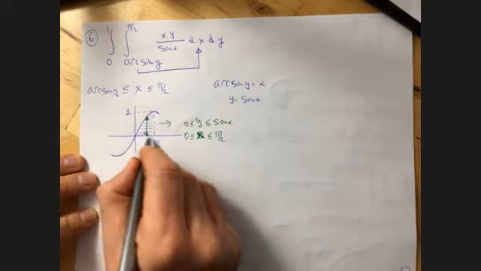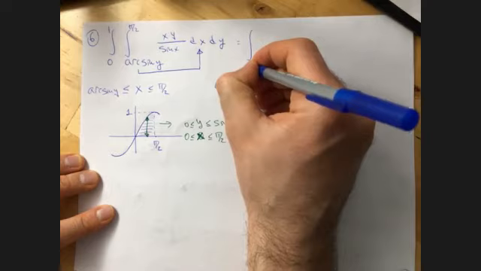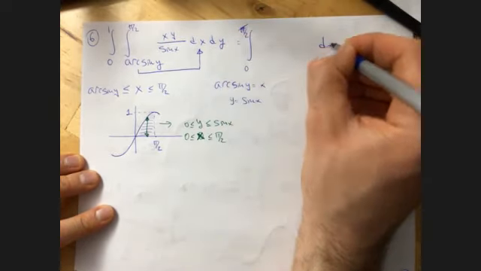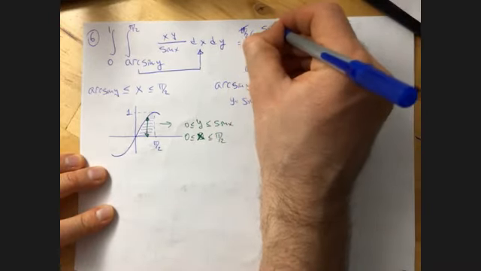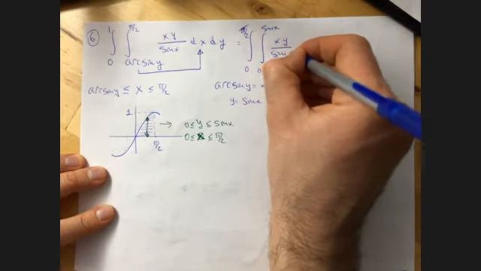Right? X goes from 0 to pi over 2. So this would be x goes from 0 to pi over 2 dx. Y goes from 0 to sine of x.